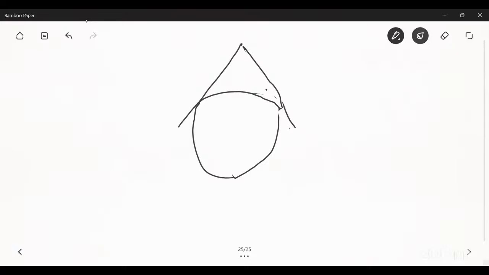You extend the lines here and here. This is known as r, the main radius. r1 is the small radius, this distance. Sorry, this was r1, this was r2, this was r3.